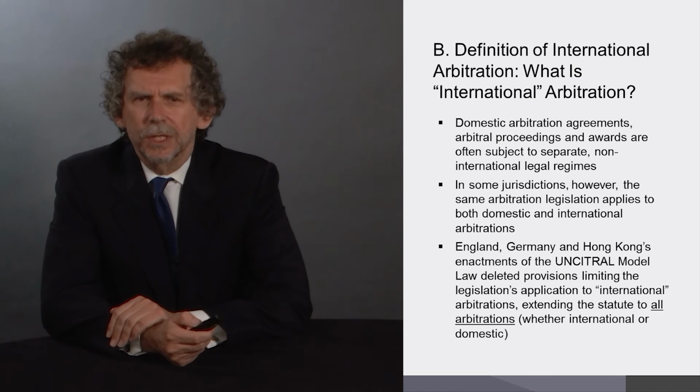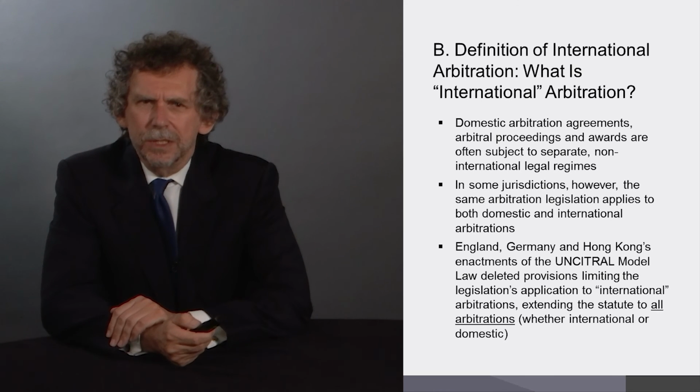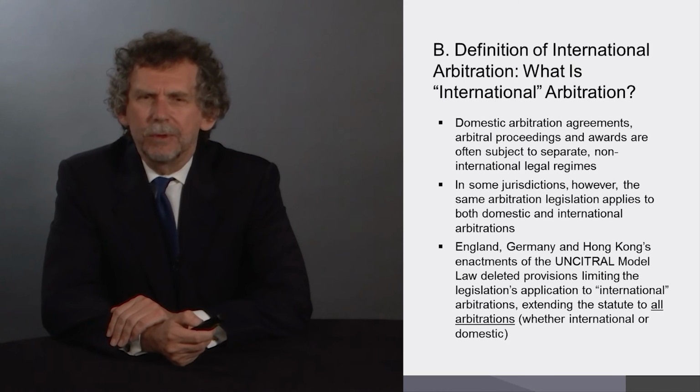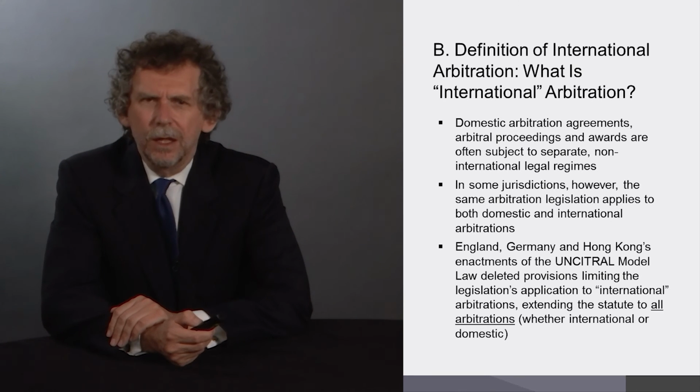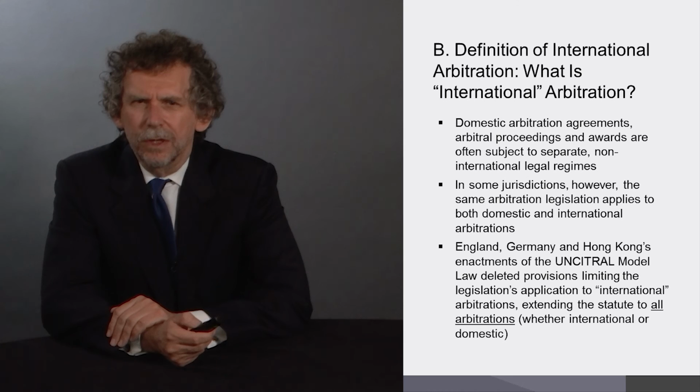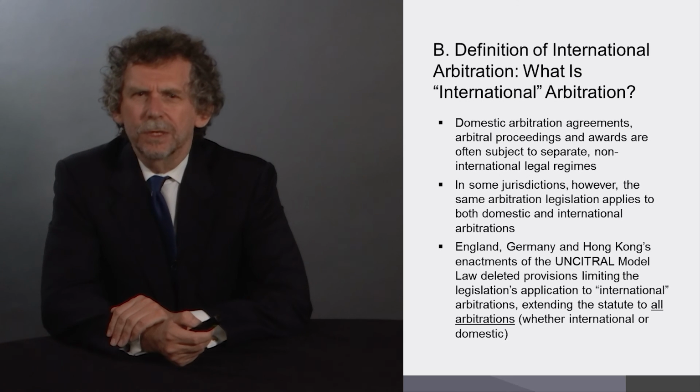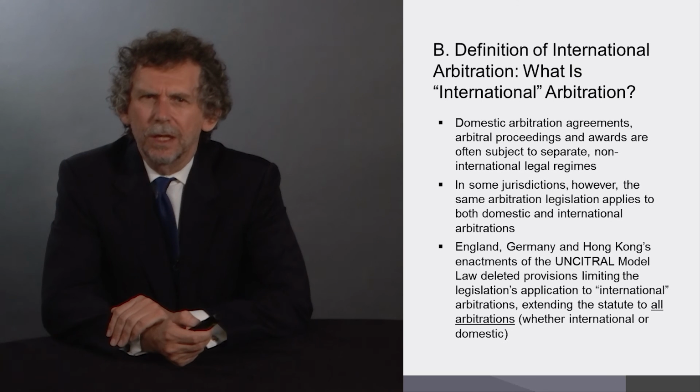In a few jurisdictions, however, legislation has been enacted that deals simultaneously with both international arbitration on the one hand and domestic arbitration on the other hand. Good examples of jurisdictions adopting this approach are England, Germany, and Hong Kong.